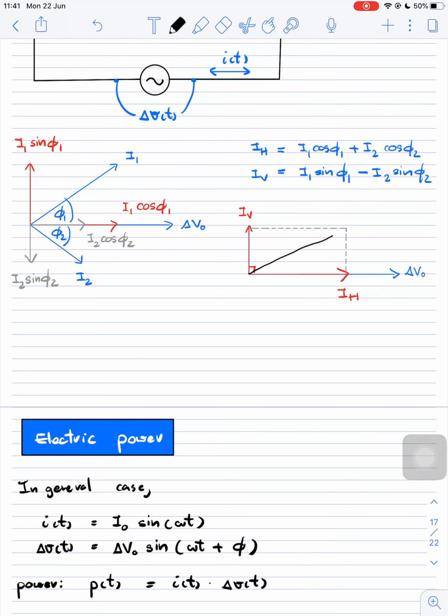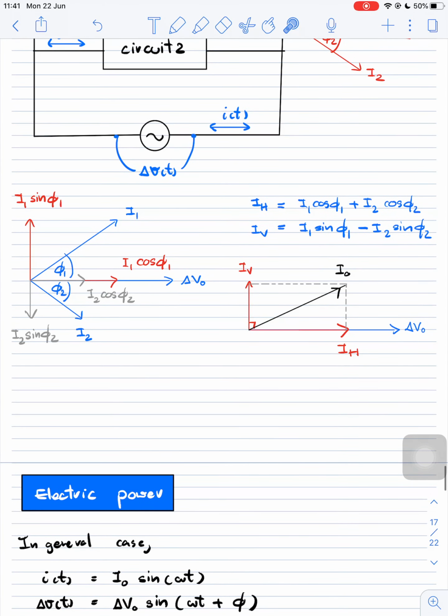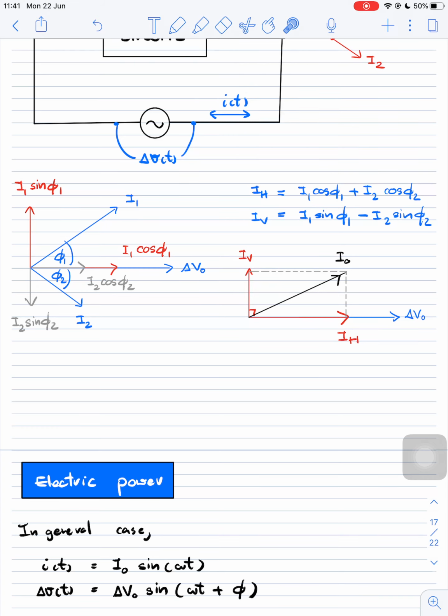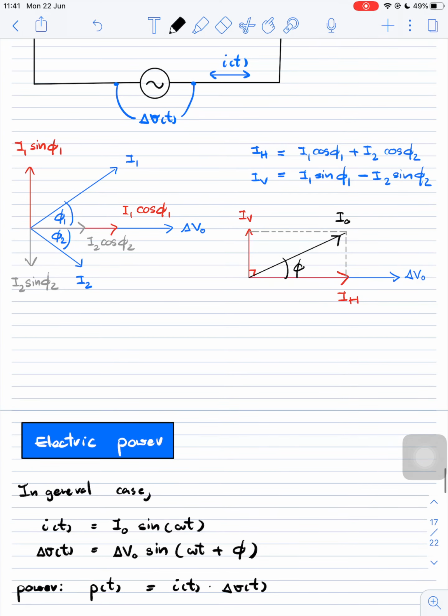This will be I naught, the current amplitude that we got, and the angle between I naught and delta V naught is equal to phi.